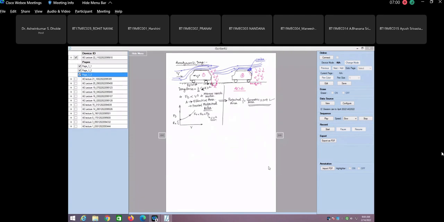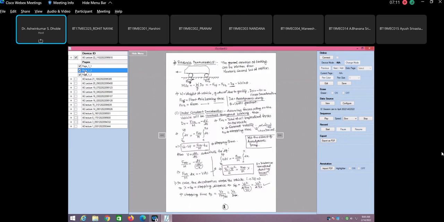So in the last class, we were discussing the braking force or the stopping distance. Here we discussed the braking performance of the vehicle. We consider that the vehicle is moving along the x direction with certain velocity. You apply the brake, then the general braking equation along the x direction which I have written.